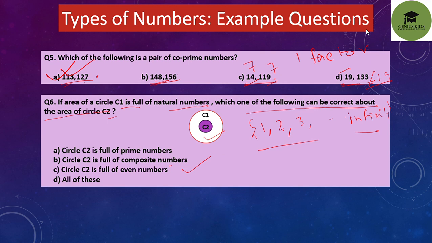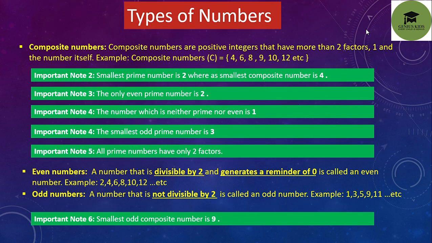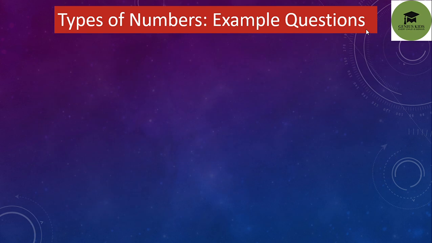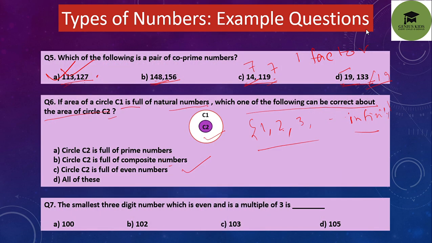Prime numbers start from 2. So C2 is full of prime numbers. So what is the answer? The answer is all of these.